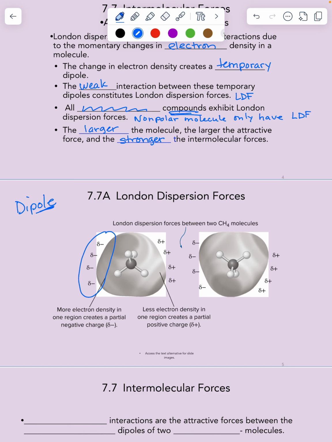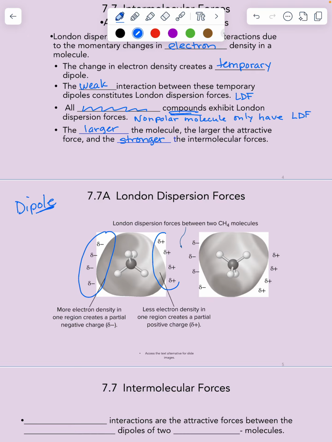And so back to this LDF, if the electrons of one atom end up on the same side of the atom for a temporary amount of time, that would make that side of the atom slightly negative because of this high density of electrons, and the opposite side of the atom would be slightly positive.